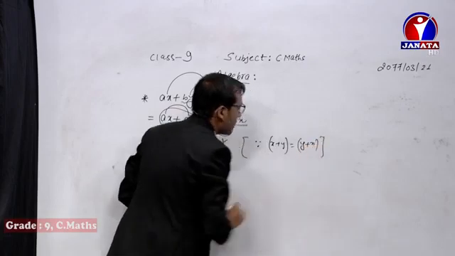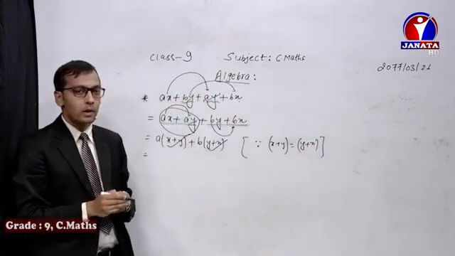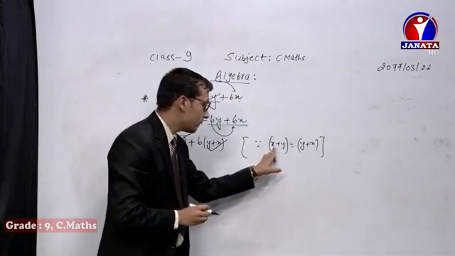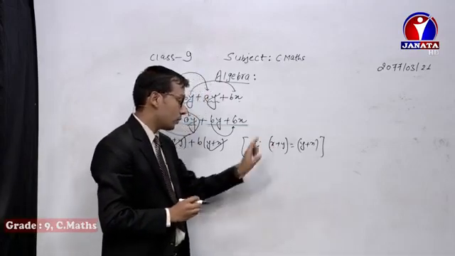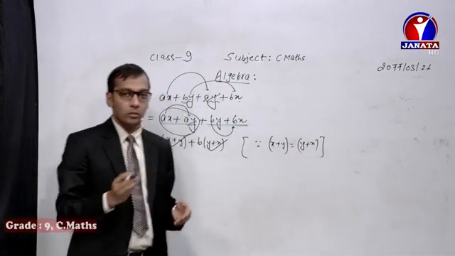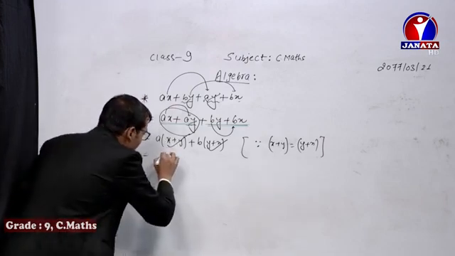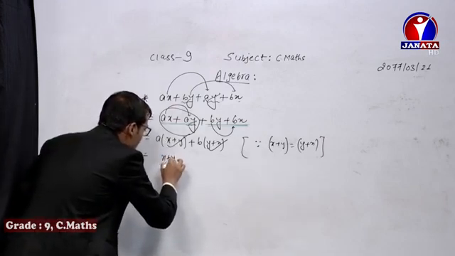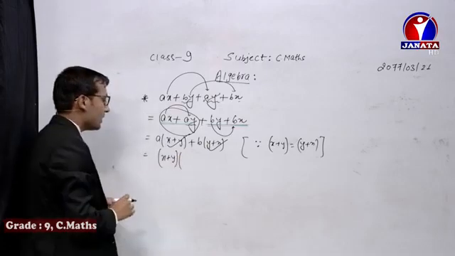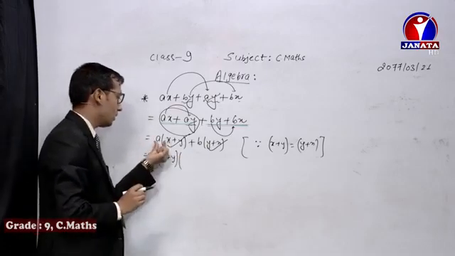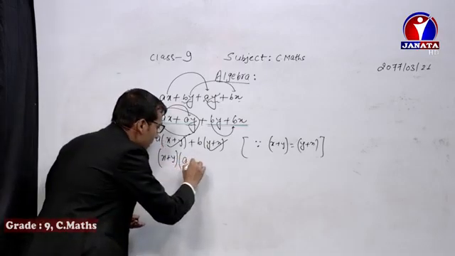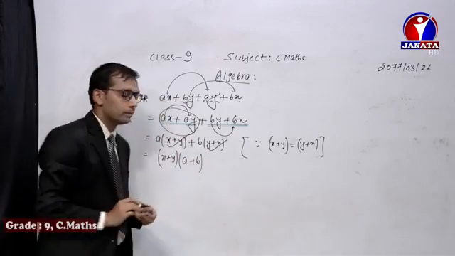There is no difference between x plus y and y plus x, because what is the sign of x? Positive. Y is also positive. So if we take x plus y common, what is left in the first term? A, and in the second term b.